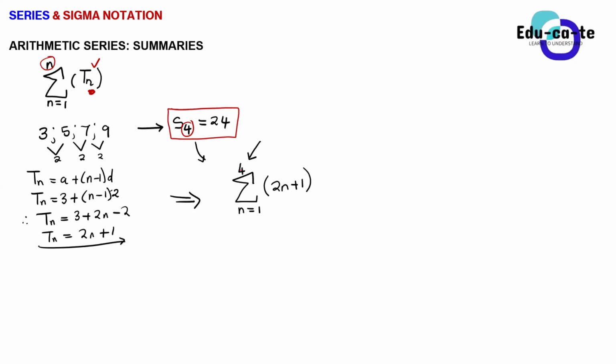So the number on top of a sigma symbol is the total number of terms that are being added. So this is your general term. All you have to do is find the general term and then express it in sigma notation.